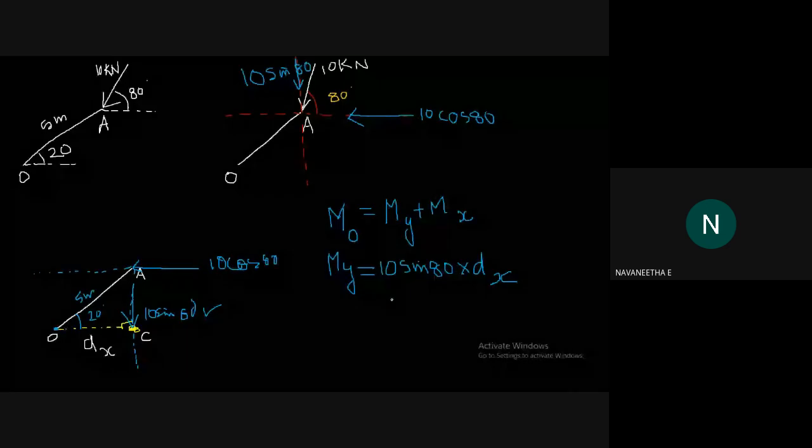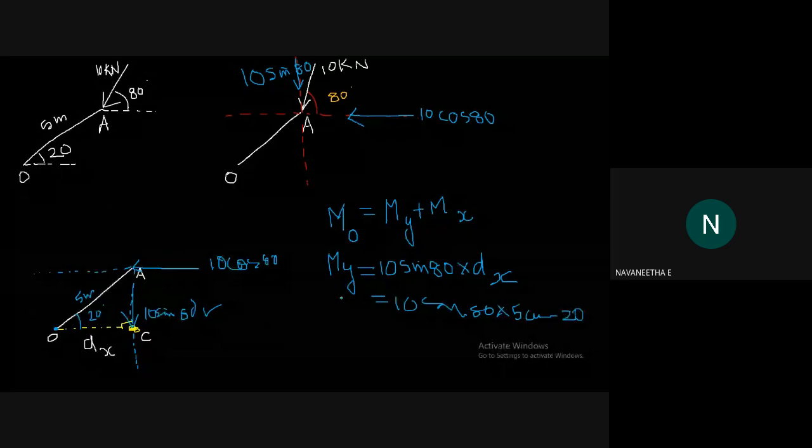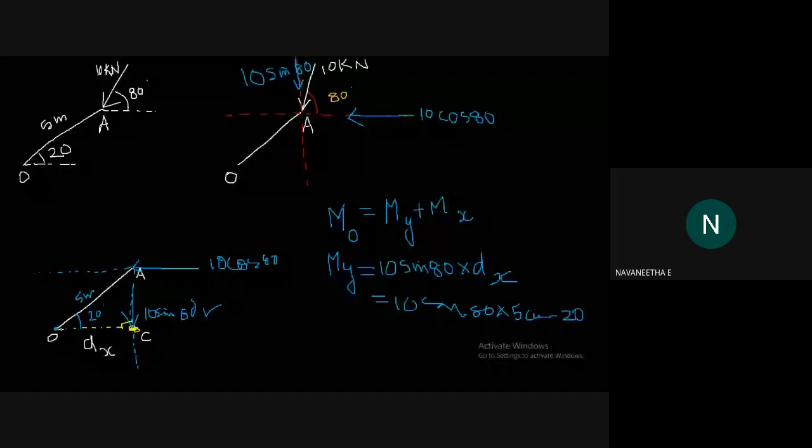In the next step you can write it like this: My equals 10 sin 80 into 5 cos 20. And what is the sign of this My? Just fix the center O and rotate OC with the help of 10 sin 80.